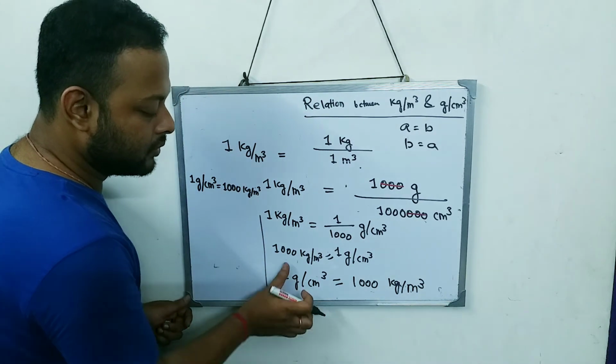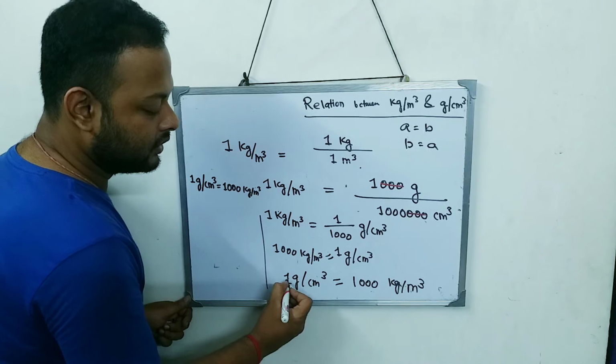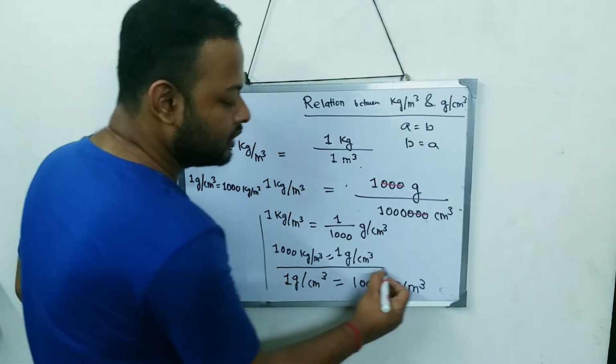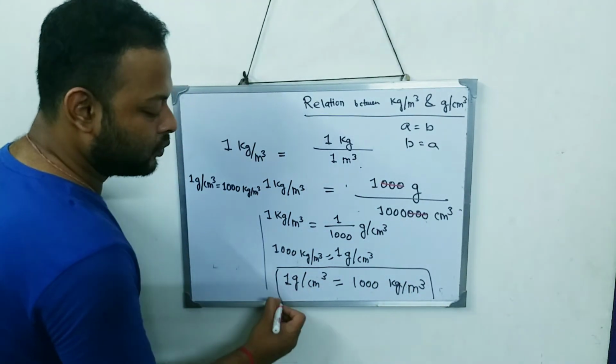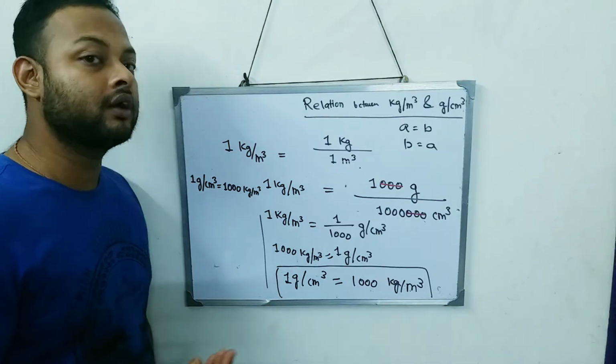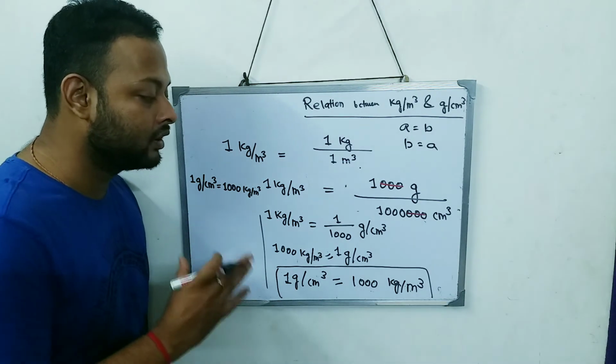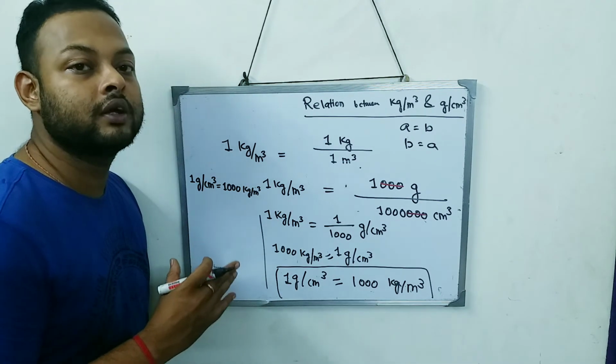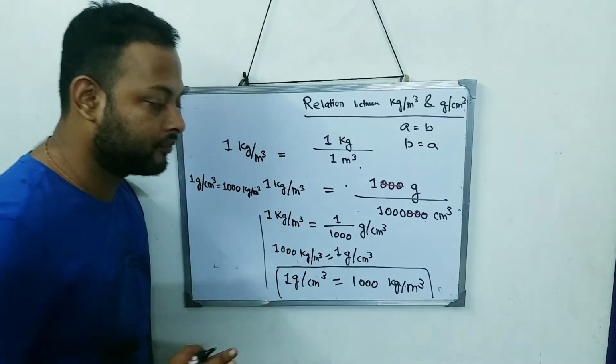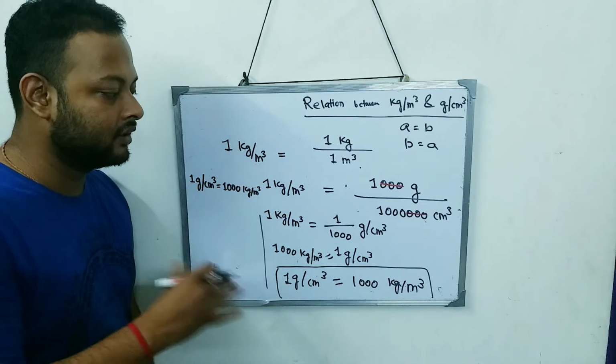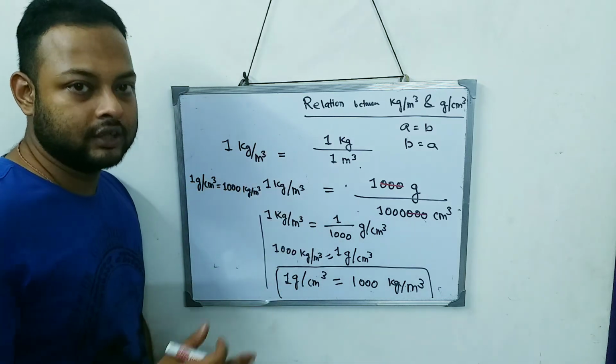So this statement is the final statement which ultimately what I require to do the numericals. Okay, this is what I require to do the numericals. This statement. I hope you understand this whole logic.